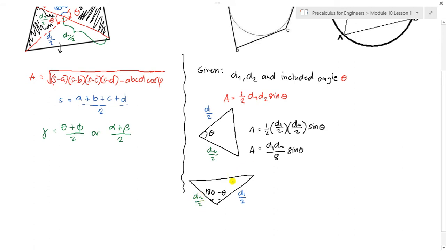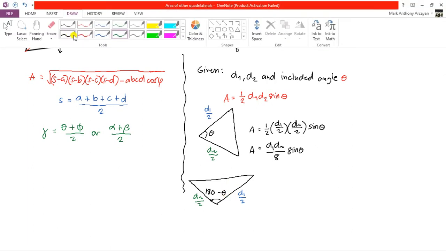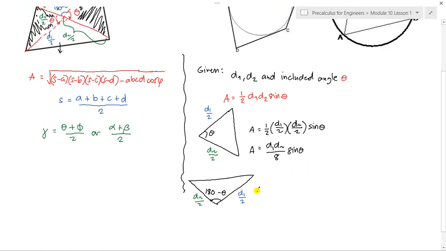So again, this is a triangle given two sides and the included angle. Therefore the area here is equal to 1/2, that is d1 over 2 multiplied by d2 over 2 times the sine of 180 minus theta. Simplifying, we have d1 times d2 all over 8 multiplied by the sine of 180 minus theta.